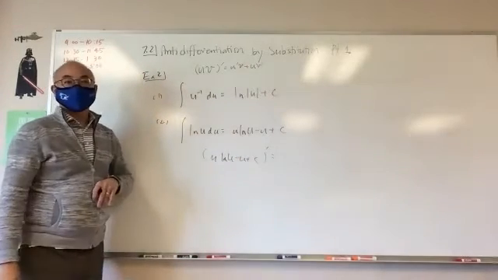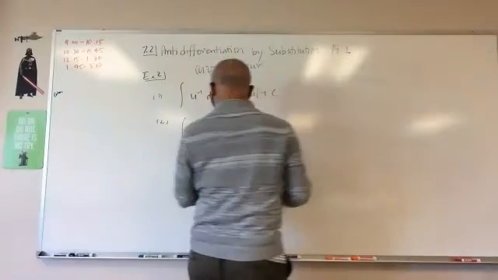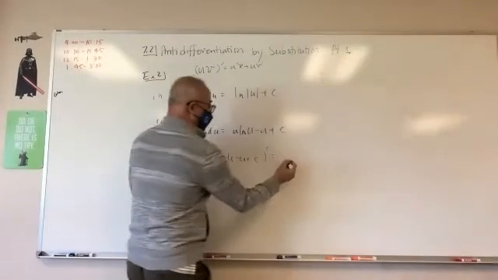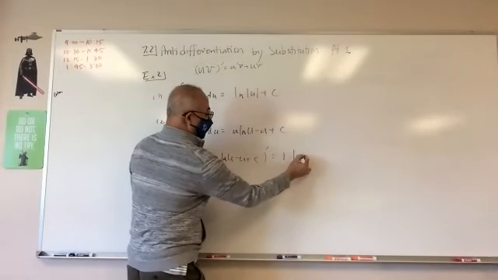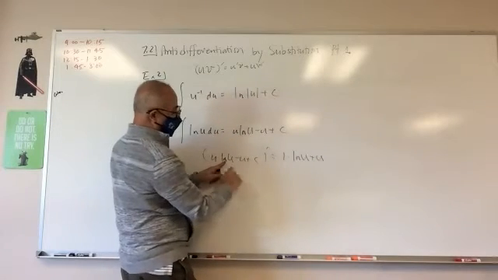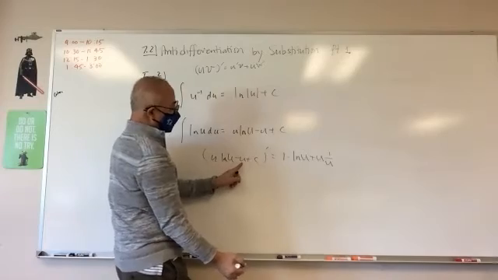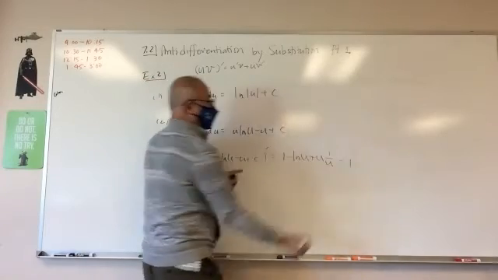Right? u prime v plus u v prime, that's what we're going to do. So I'm going to take the derivative of this guy. If I take the derivative of u, I get 1, and then I'm just going to get this guy plus u. Then I'm going to take the derivative of natural log of u, which is 1 over u. And here, I take the derivative of that, I get -1.